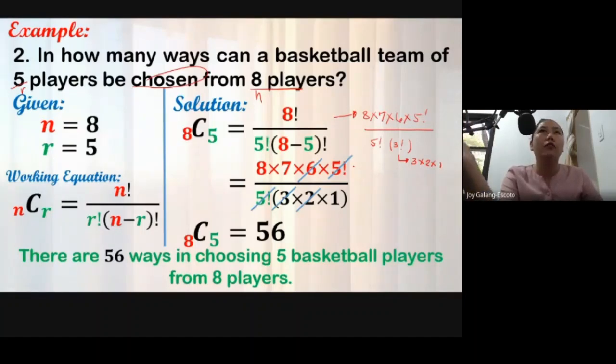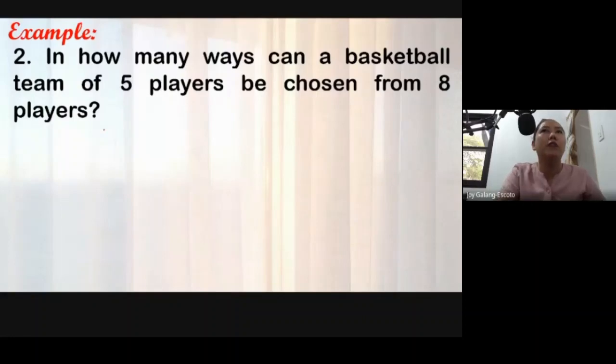Now, what if you do not want to use that formula? You can always proceed with your next option, in which we will be using the combination of n things taken r at a time equal to the permutation of n things taken r at a time over r factorial. Okay, and with that, substitute, so we have the combination of 8 players taken 5 at a time equal to the permutation of 8 players taken 5 at a time over r, which is 5, so 5 factorial.